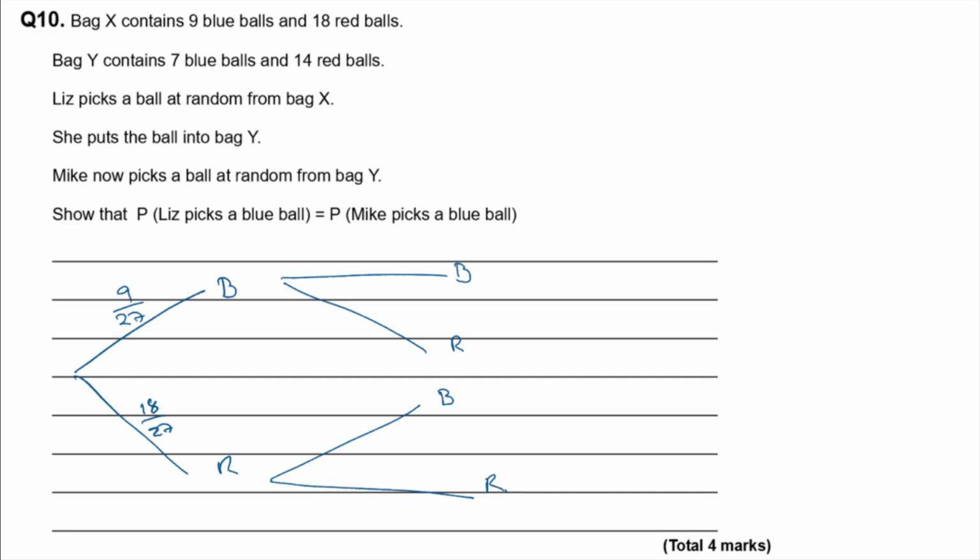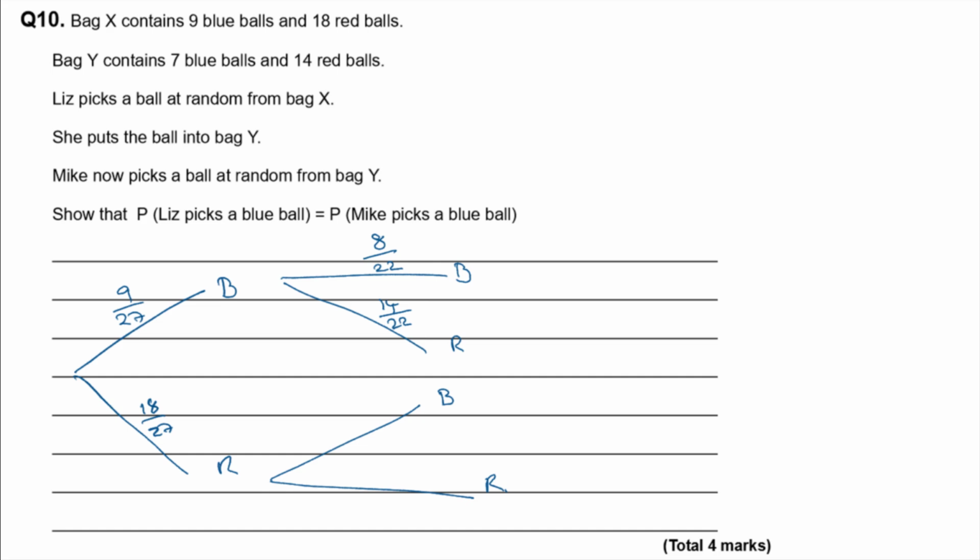So there were 7 blue balls and 14 red balls in there to start with, and if I plop the extra blue ball in, then I've got 8 blue balls and 14 red balls. So that's going to be 8 blue out of a total of 8 plus 14, which is 22. So she's got 8 in 22 chance of getting a blue ball. And then the red, well, there were 14 in there to start with. There's still 14, so it's 14 out of 22.